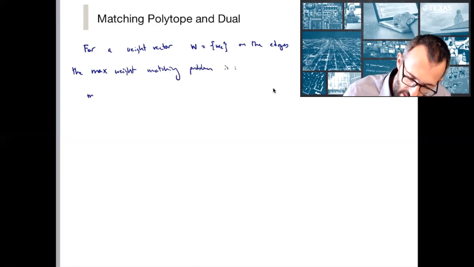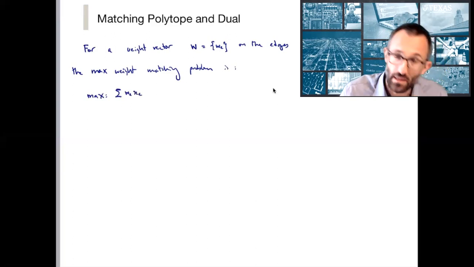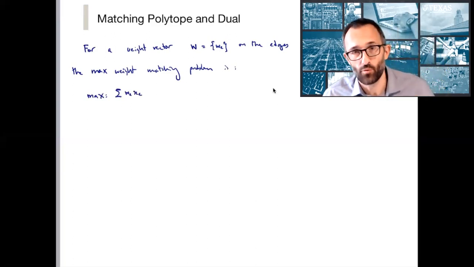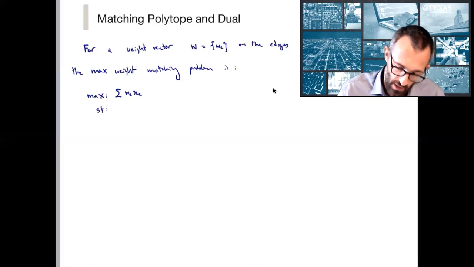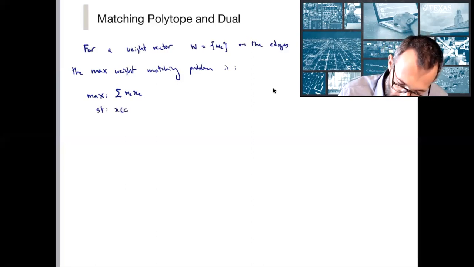I want to maximize the sum of WE XE subject to the constraints that the previous two lectures have told us characterize the matching polytope. So I need x of delta V to be less than or equal to 1.